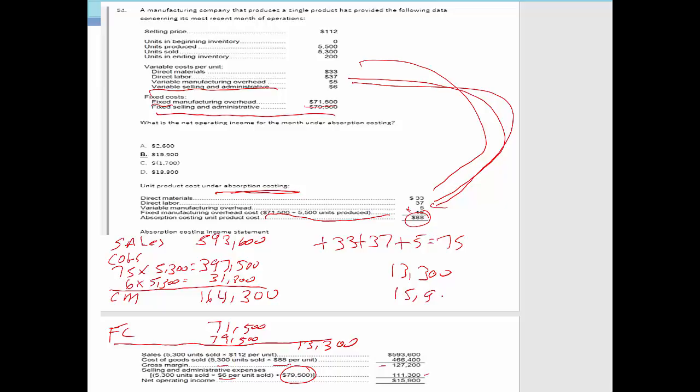What's that difference? 9,600? 2,600? 2,600, which is going to be what? The fixed cost per unit, which is, what was my fixed cost per unit?